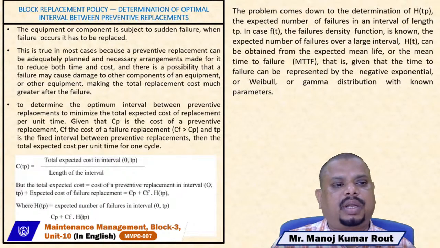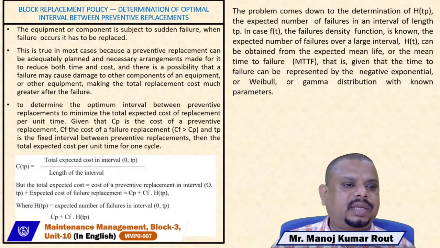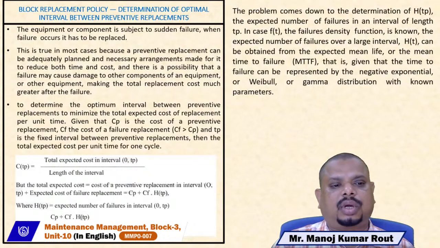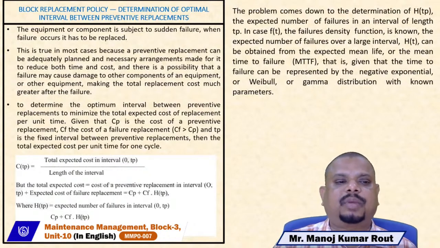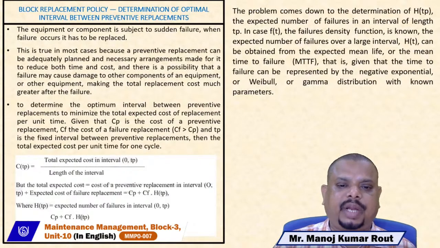The first important part is that the equipment or component is subject to sudden failures. When the failure occurs, it is to be replaced. This is true in most cases because preventive replacement can be adequately planned and necessary arrangements made for it, to reduce the time and the cost, especially related to operating time and maintenance cost.